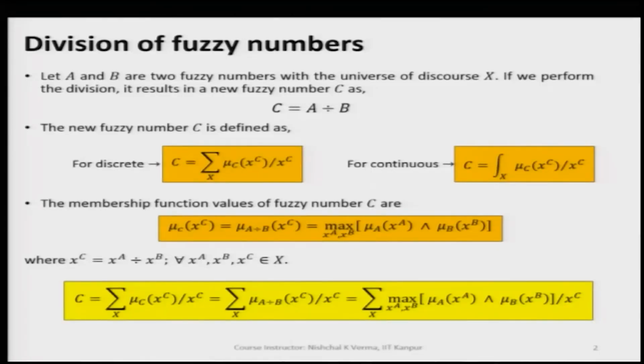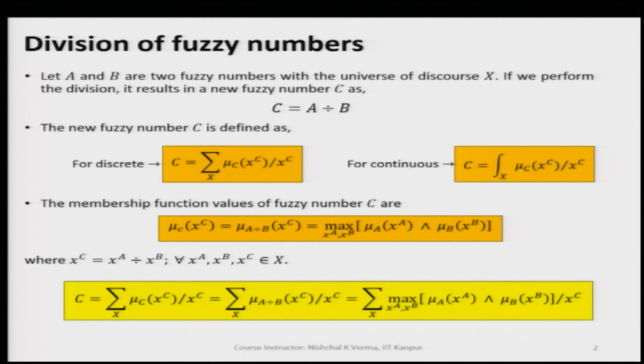Before we move ahead, we need to know that a fuzzy number is a fuzzy set which satisfies the condition of normality as well as the condition of convexity.